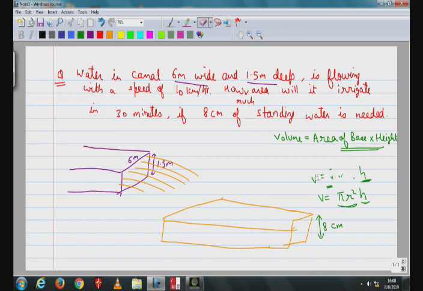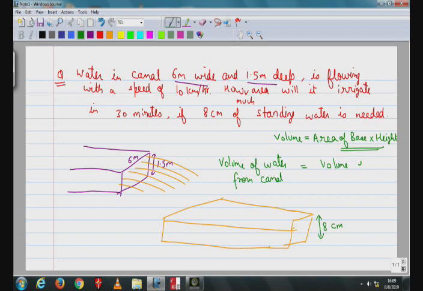Since we have to figure out how much area it will irrigate, the volume of this tank in which the water is getting collected will be area of base multiplied by height. So we have to equate all of them. So we will do: volume of water from canal is equal to volume in field.